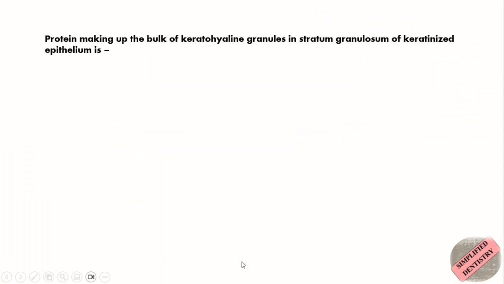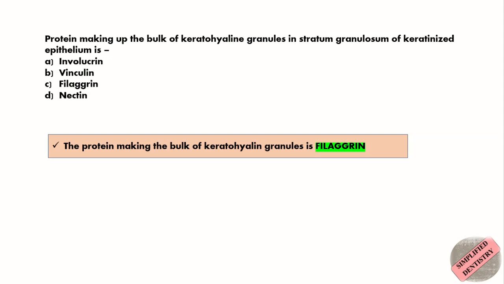Next question is, protein making up the bulk of keratohyaline granules in stratum granulosum of keratinized epithelium is option A, involucrin, option B, vinculin, option C, filaggrin, and option D, nectin. So filaggrin is the protein which makes the bulk of keratohyaline granules. So the answer is option C, that is filaggrin.